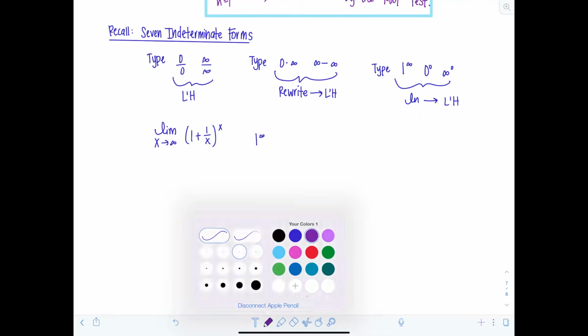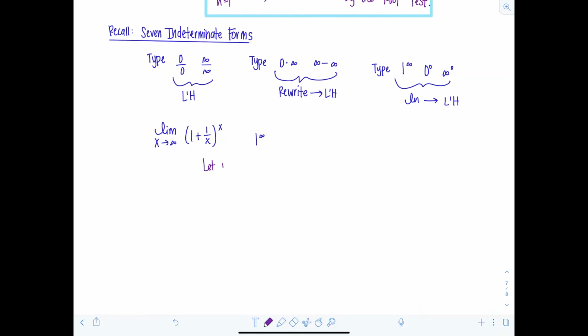So what I'm going to do is let y equal (1 plus 1 over x) raised to the x. And then now I'm going to take the natural log of y, which would also equal the natural log of (1 plus 1 over x) to the x, which I can rewrite as x times the natural log of 1 plus 1 over x.